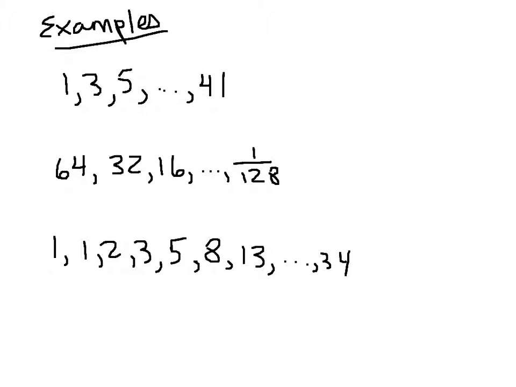So if we look at what I've put on the screen, these are all finite sequences. This is an arithmetic sequence, which means you get the next term by just adding the same thing to the previous term. The first term is 1, and what we're adding, sometimes called the common difference, is 2.